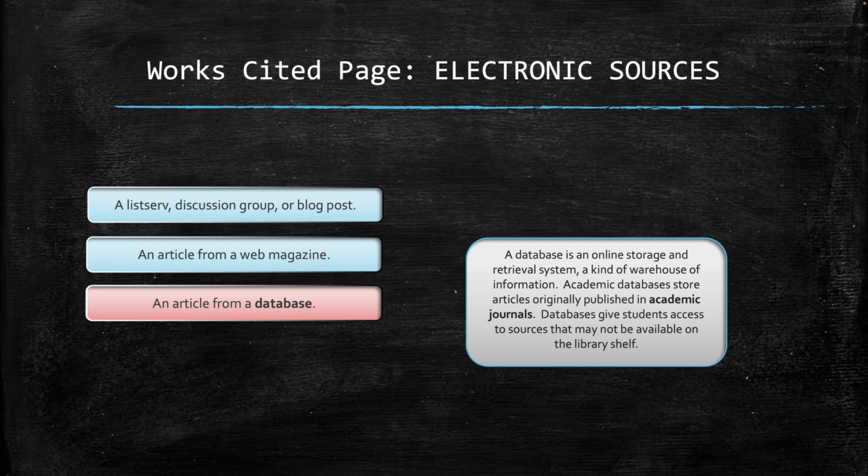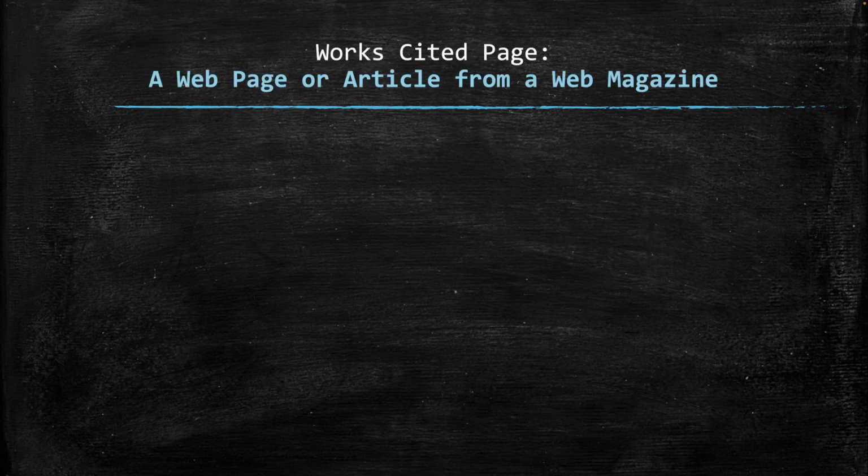Databases will give you access to sources not only that are not available just out there on the internet, but also that may not be available on the library shelf. So they're incredibly useful. They store a tremendous amount of information. We'll talk more about how to use databases in another video. Our focus here is how do you format these works cited entries.